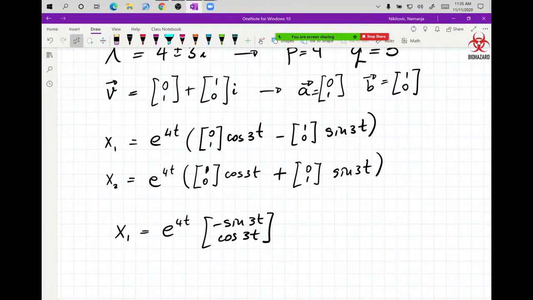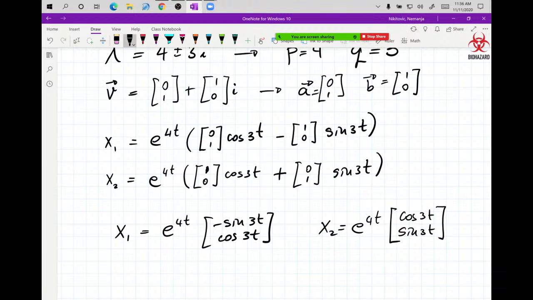So that's your x1. And then your x2 solution is the same thing, e to the 4t, and then cosine survives on top, and sine dies because it's times 0. Now for the bottom, sine survives, right, and the cosine dies.